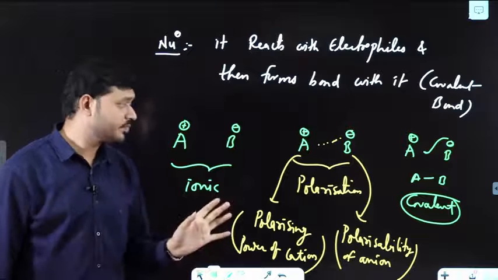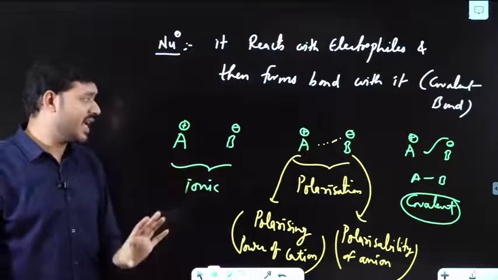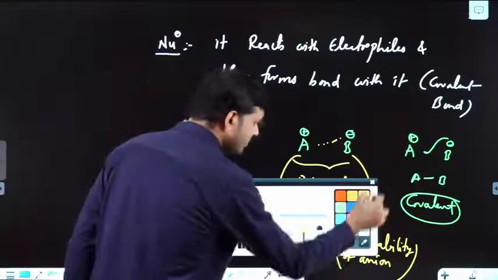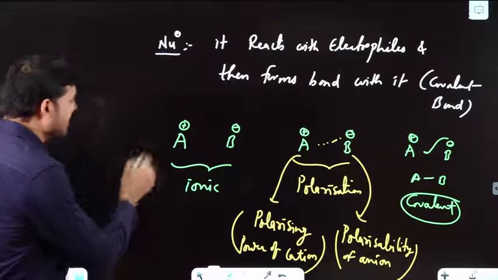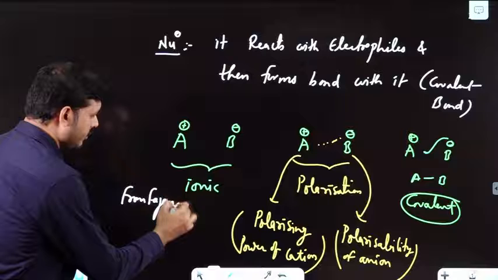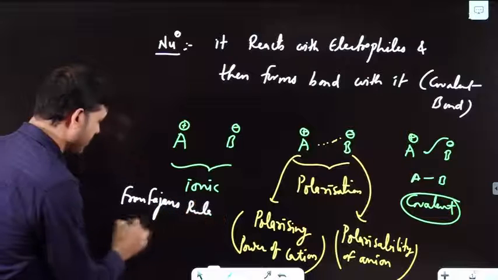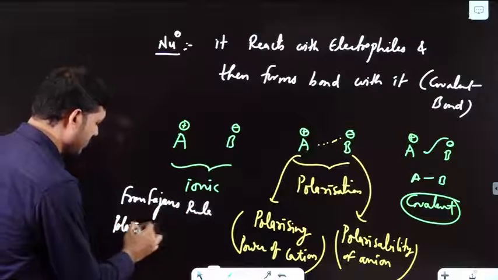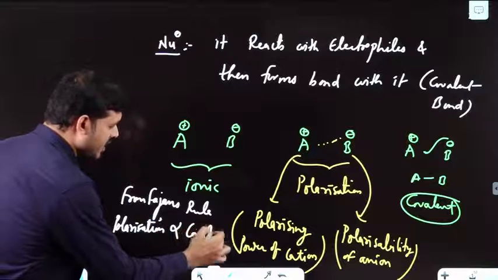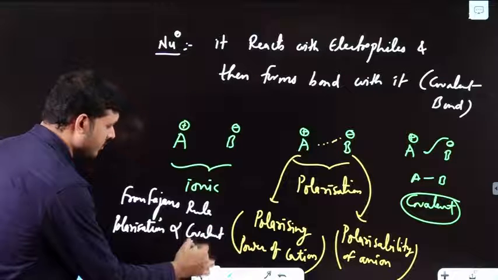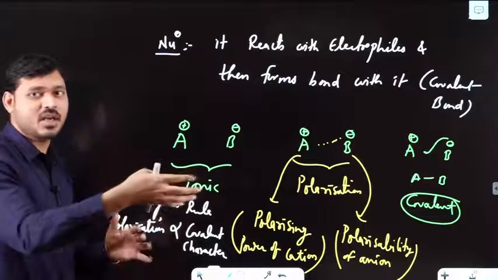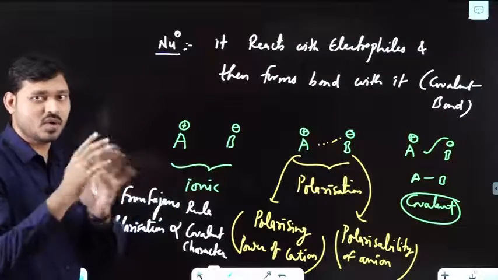Now from Fajan's rule, if polarization is more, then covalent character is more. First point, polarization is directly proportional to covalent character. More the polarization, more will be covalent character.